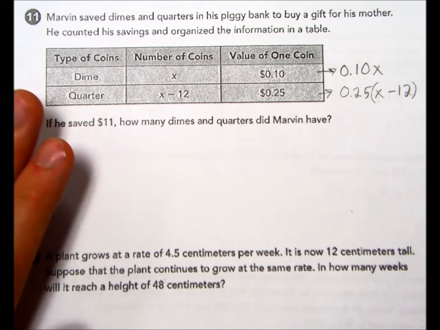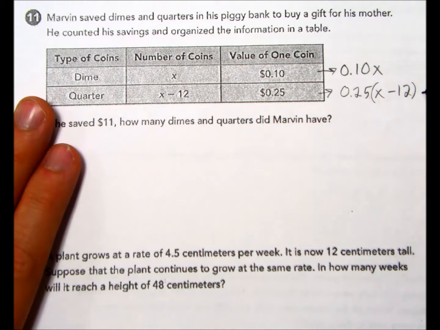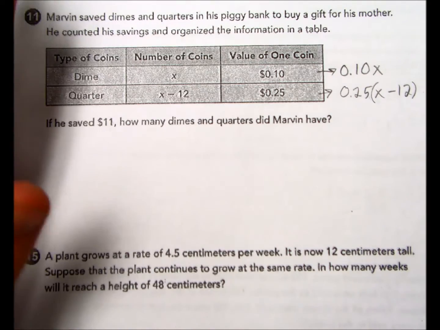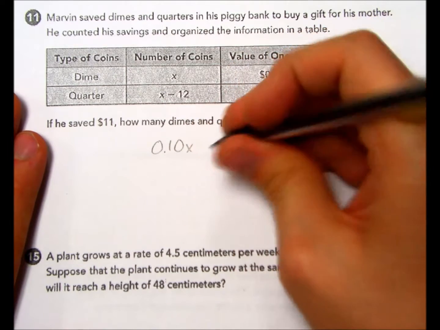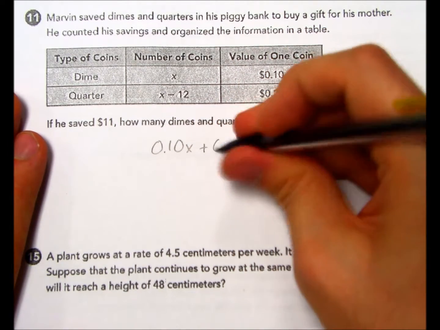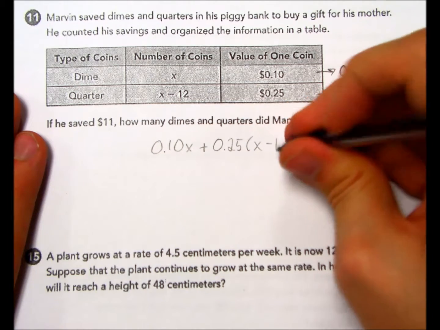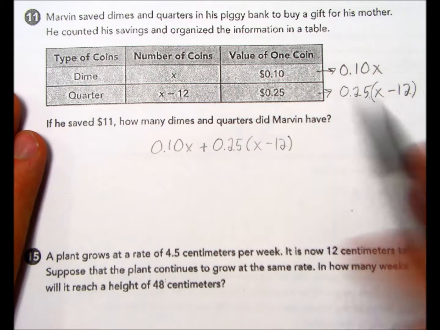All right, and just like in the last problem, I got the value of my dimes, got the value of my quarters. To find an expression for the value of all of them total, you got to add them up. 0.10x plus 0.25 times x minus 12. So I just took this and added this to it.